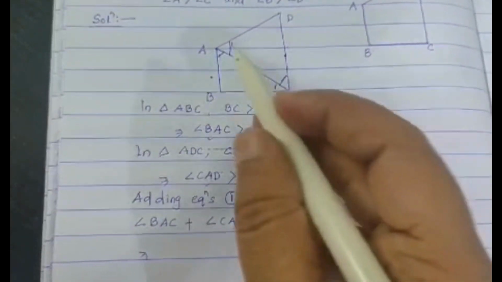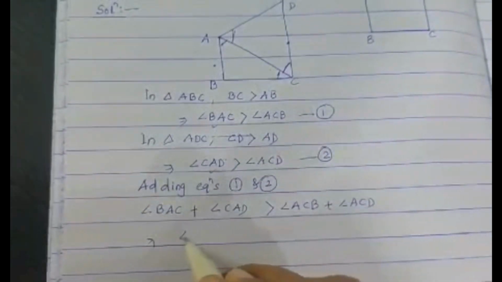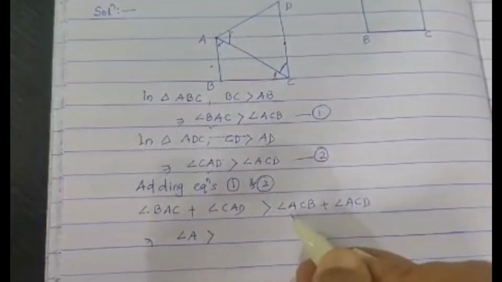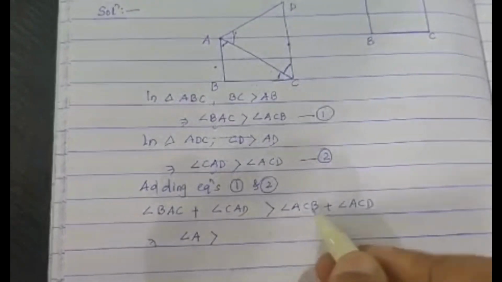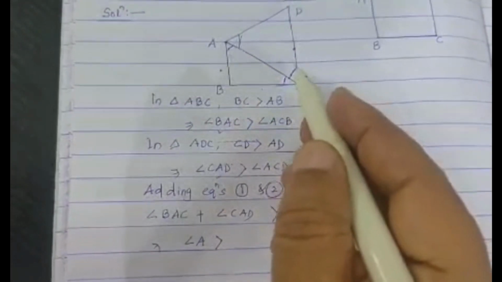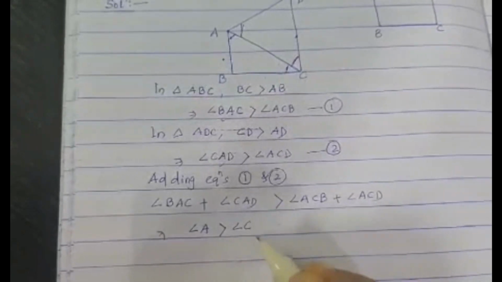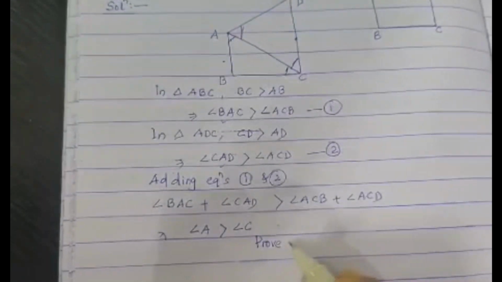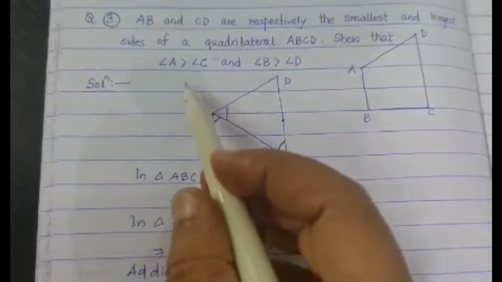Now you see angle BAC plus CAD, that means angle A, is greater than angle ACB plus ACD, that means angle C. This is what we have to prove, that angle A is greater than angle C.